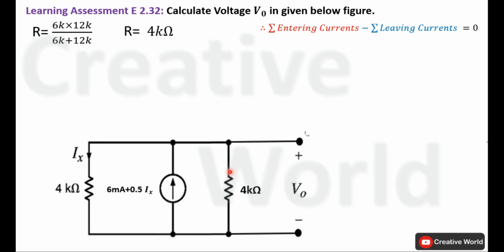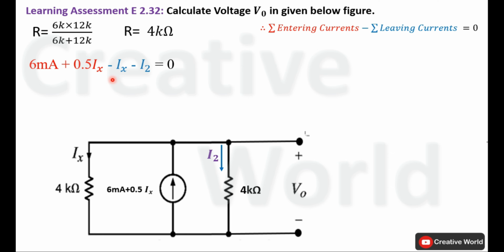But the current of this branch is not labeled. So we will assume this branch current is leaving this node and it will be labeled as I2. Now we can place the entering and leaving currents inside Kirchhoff's current law equation. Entering current is 6 mA plus 0.5 Ix, while the leaving currents are Ix and I2.